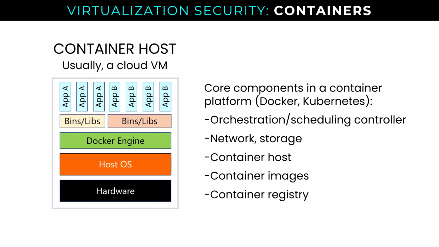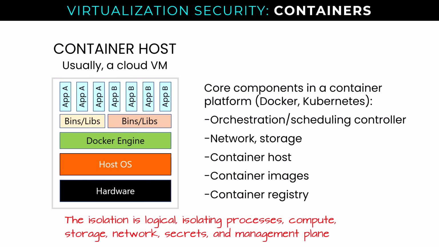And a container registry, which is where we store our container images, and we need to secure access to that container registry. The isolation with containers is logical. We're isolating processes, compute, storage, network, secrets, and the management plane. There's a lot of isolation happening on that container host.